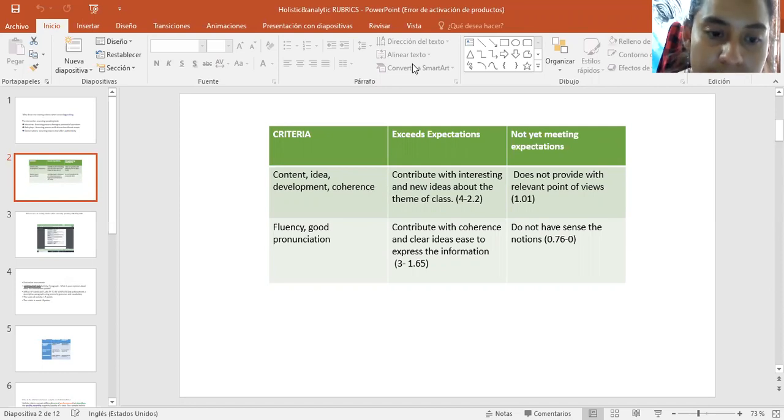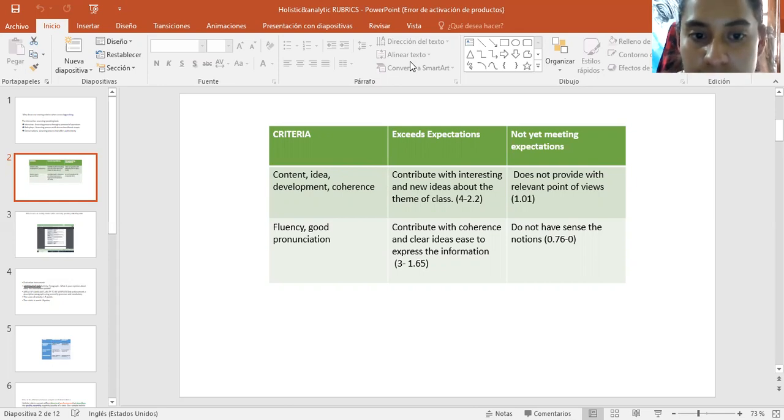This level has a score from 4 to 2 points, or we can evaluate with another category. For example, if a student didn't learn, we can evaluate in a low category with a low score.